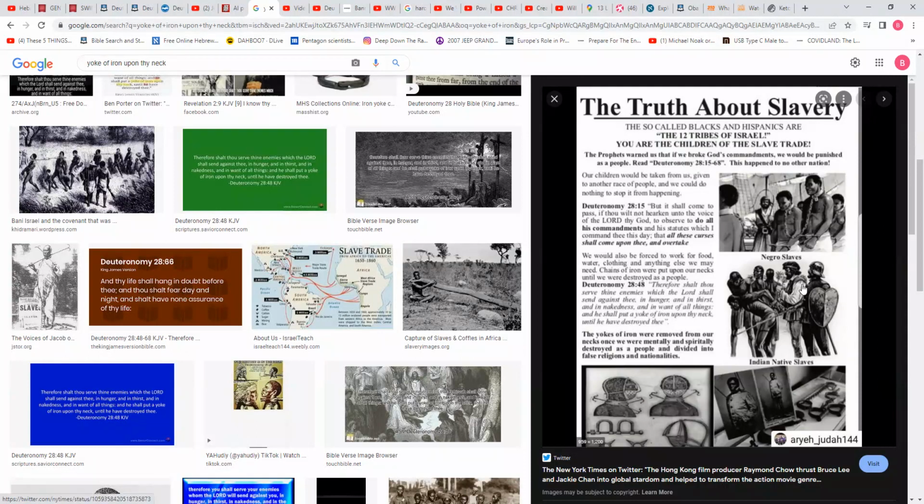One of the first things that Christopher Columbus did was he brought back 500 indigenous people, tribes, to Spain and enslaved them. And he spoke about how they can make good slaves. That's in the white man's, Esau's mentality.